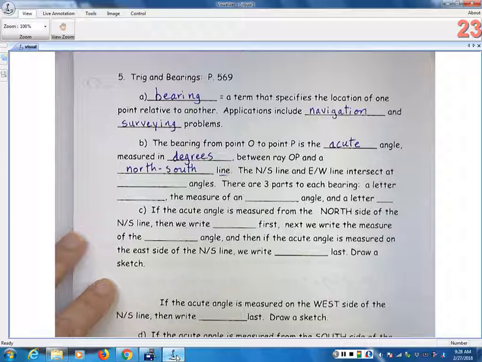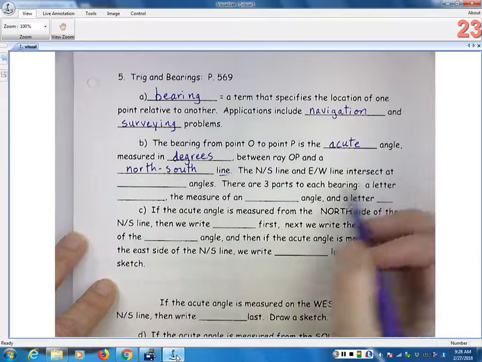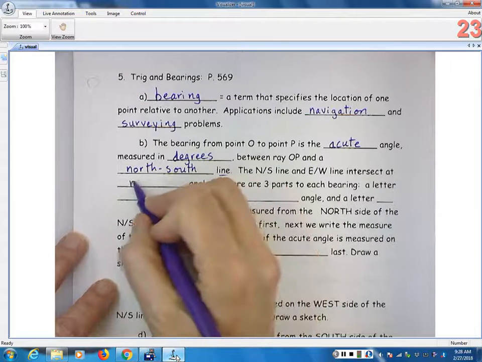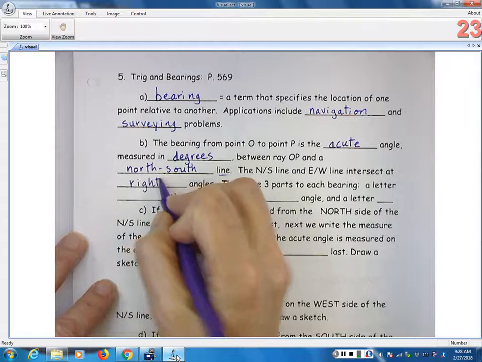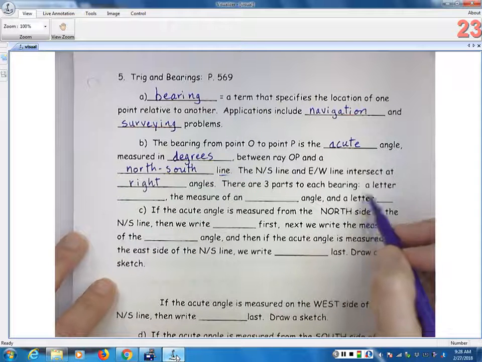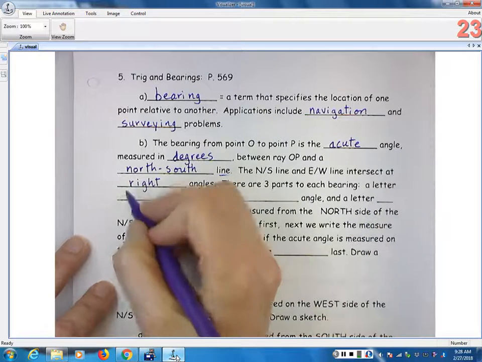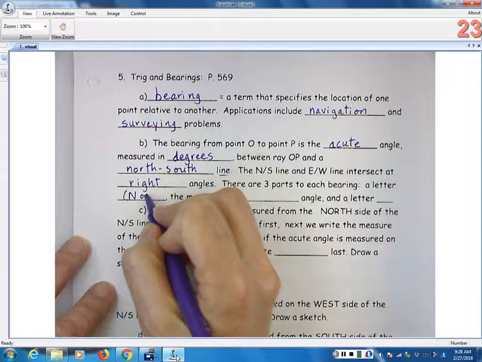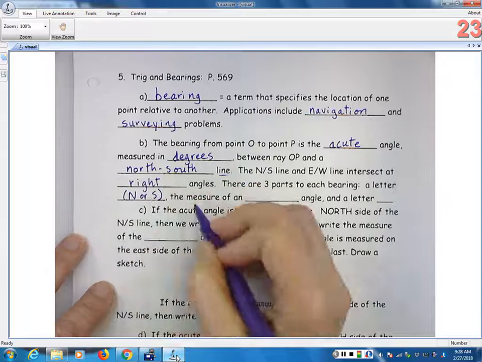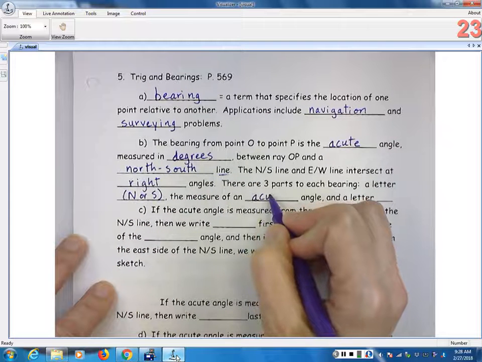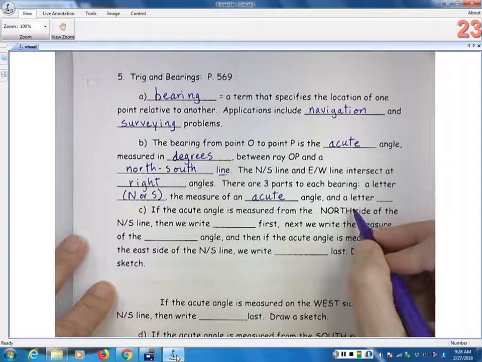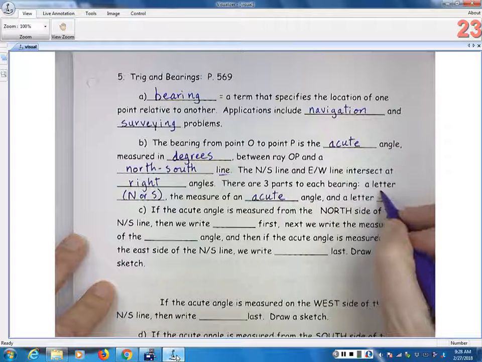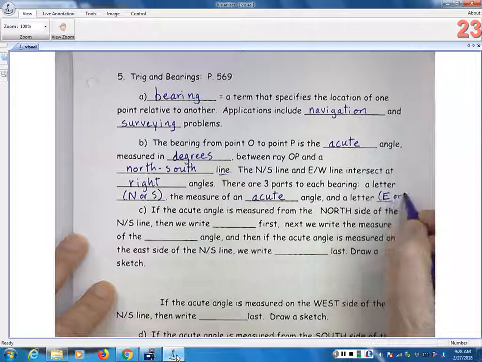The north-south and east-west lines intersect at right angles. There are three parts to each bearing: a letter, north or south, the measure of an acute angle, and a letter, east or west.